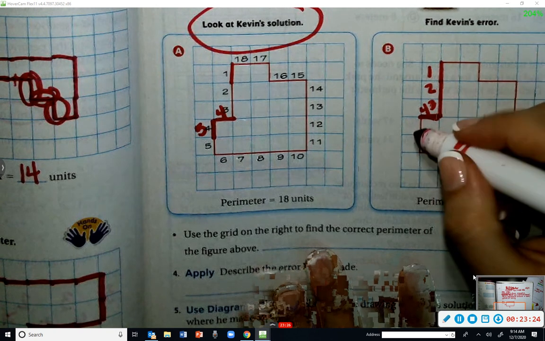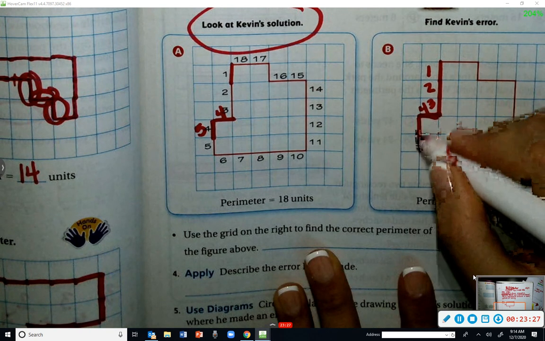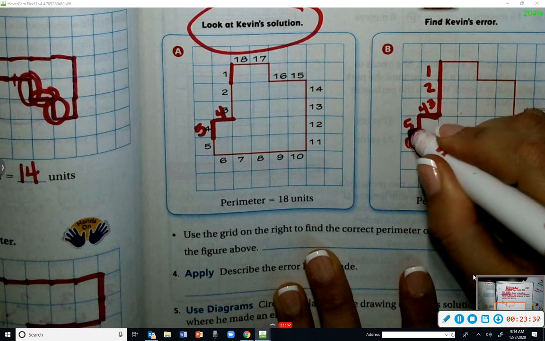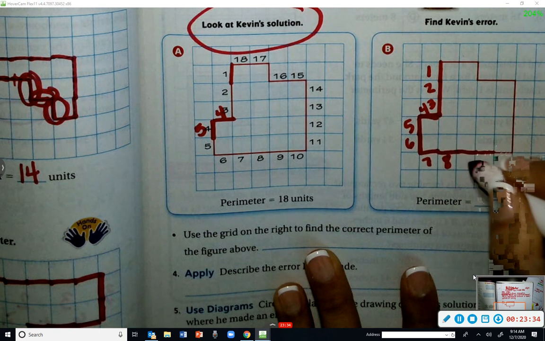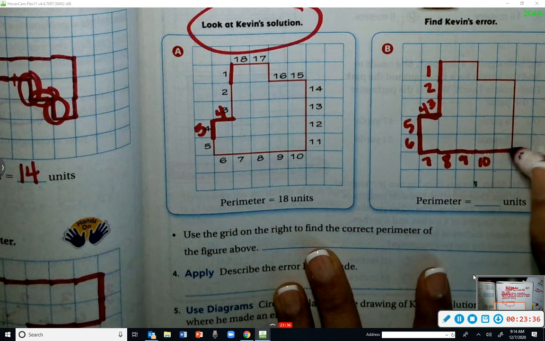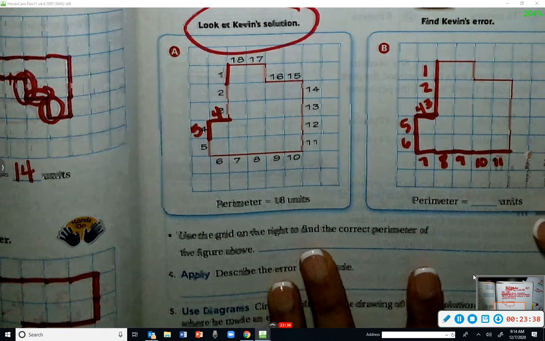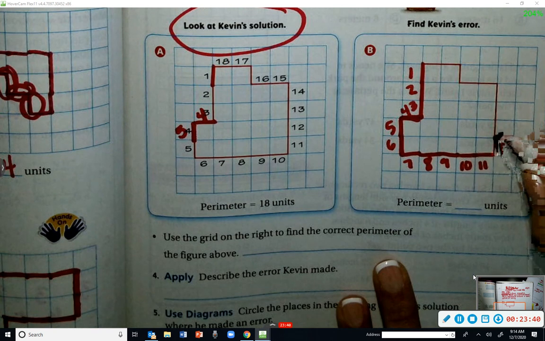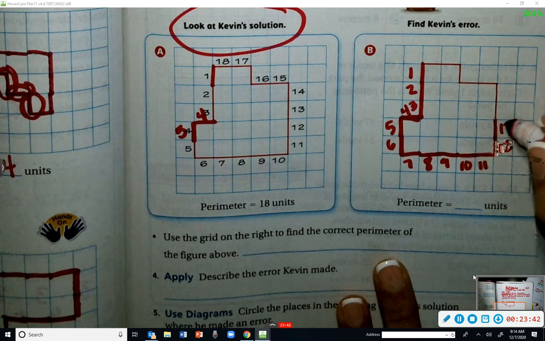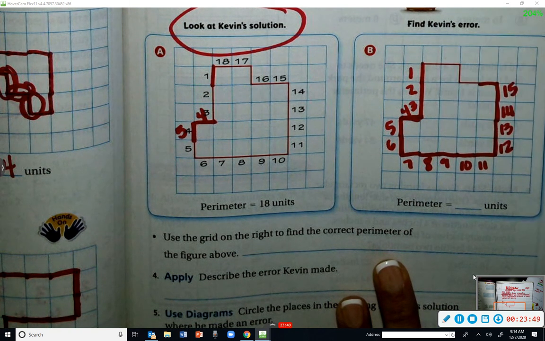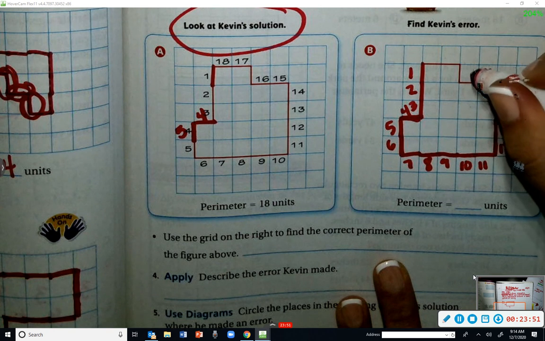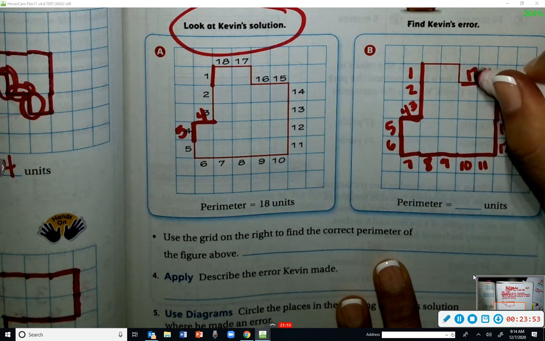Okay? Good. So here's 5, 6, 7, 8, 9, 10, 11. And then we turn the corner. This would be 12, 13, 14, 15. We turn the corner. Here would be 16, 17.